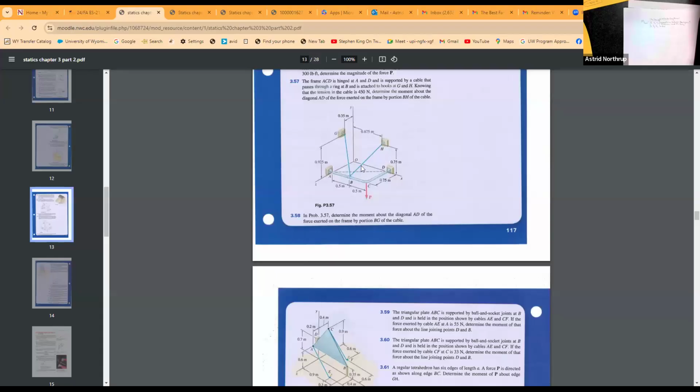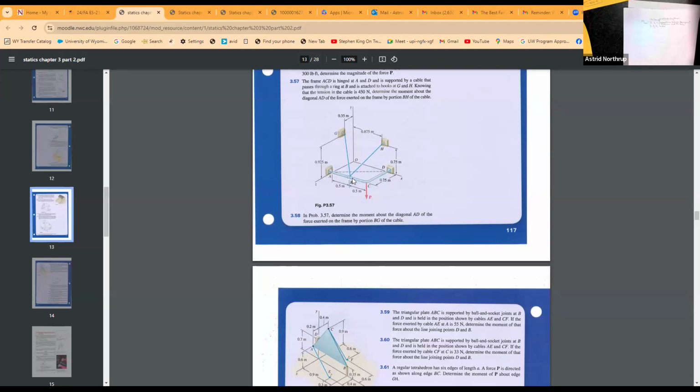So on this problem, here's my force, right? My force is along BH. My axis is along AD. So what is R? It's something from the force to the axis.